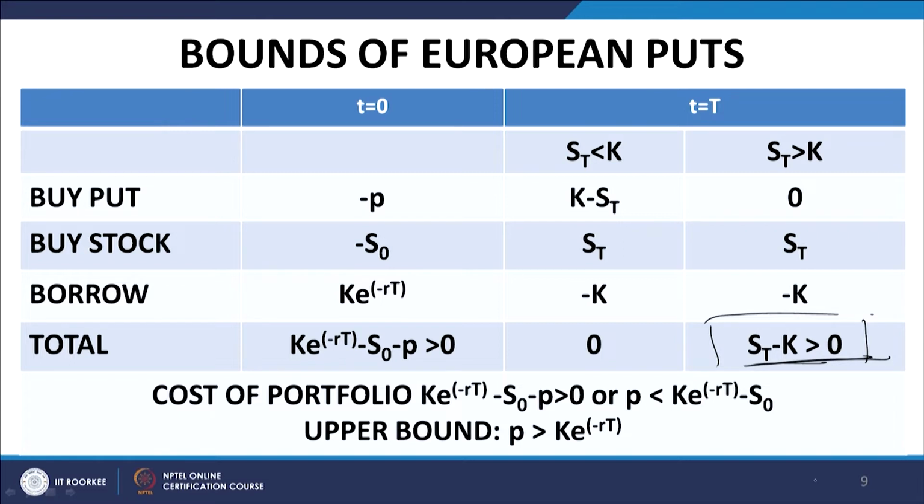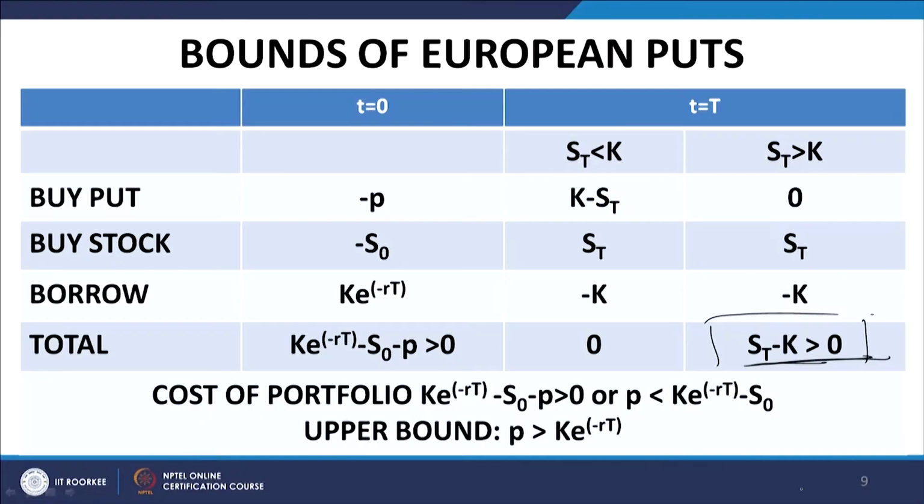So, it has to be better than a portfolio which gives you 0 payoff in both the states, because at least some positive payoff is there, and there is no negative payoff in either case. In this case it is 0, in this case it is positive. So, there is no negative payoff. There are only two possibilities, 0 payoff and positive payoff.